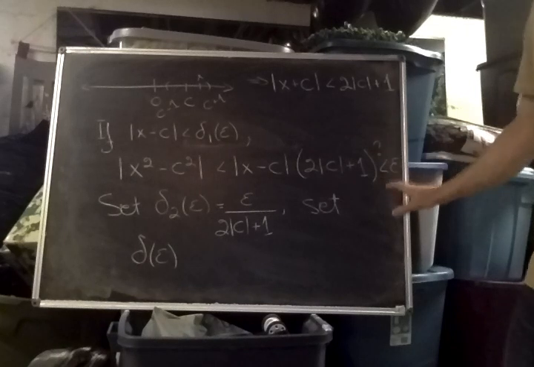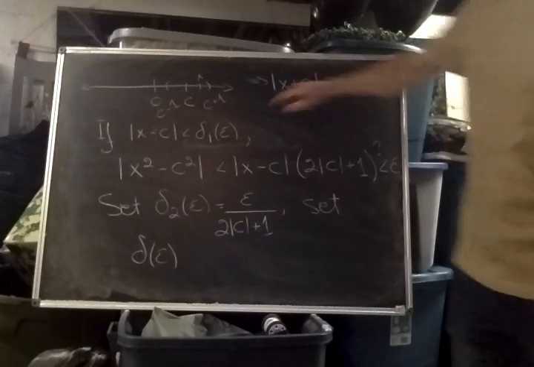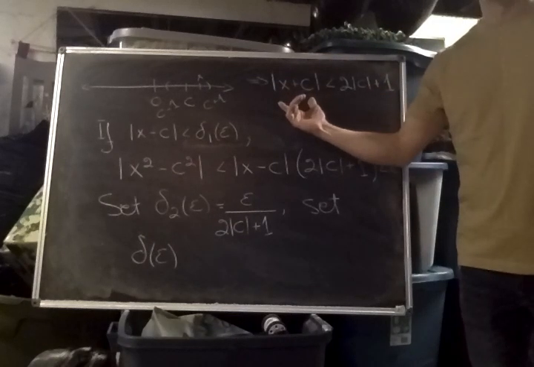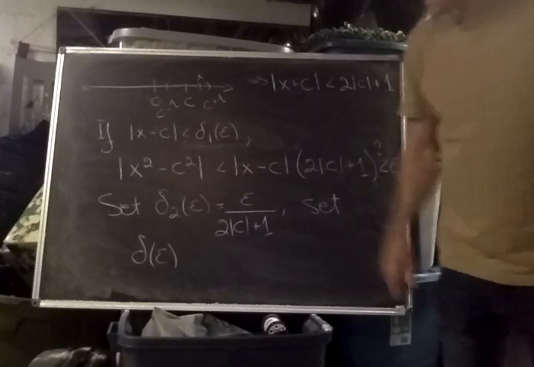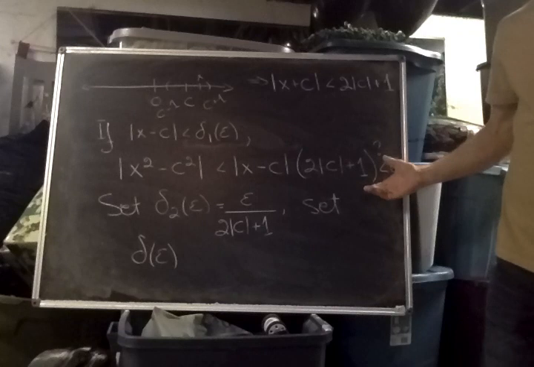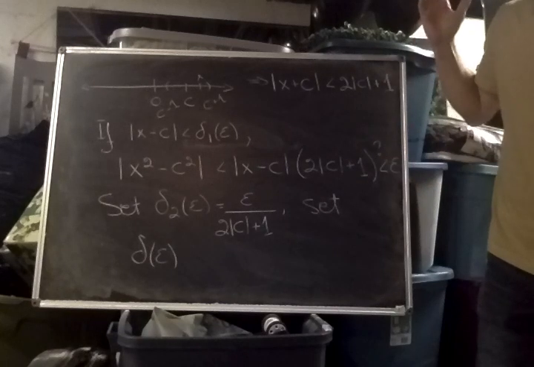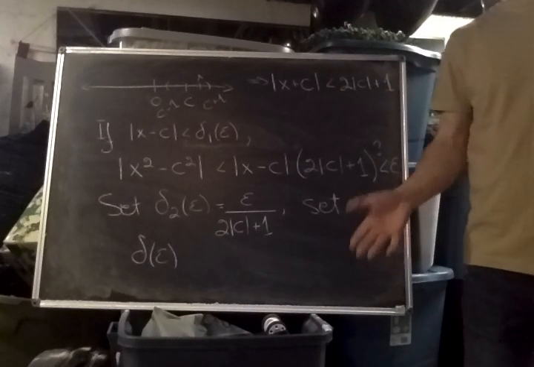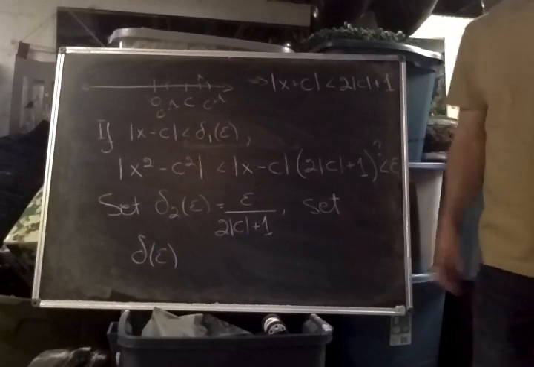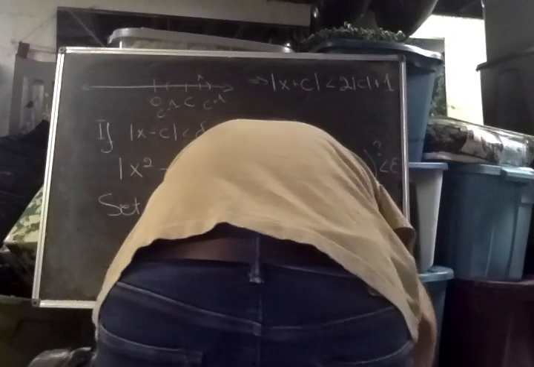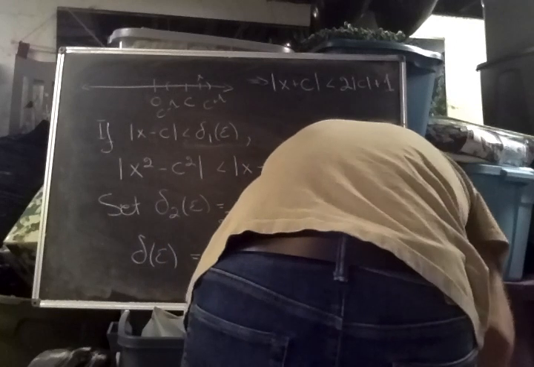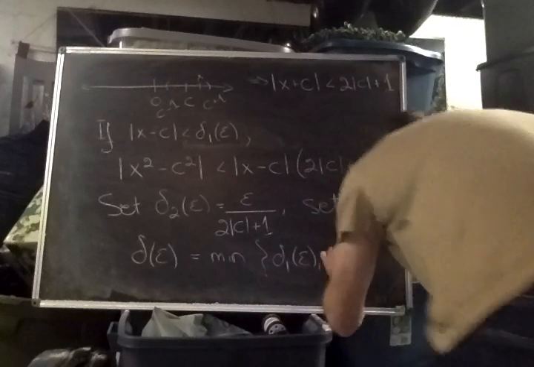This is in the same spirit, but now we have 2 different deltas. We've got delta 1 of epsilon that allows us to get control over this term here, and delta 2 of epsilon, which is going to finish the job. We want the consequences of delta 1 of epsilon and delta 2 of epsilon to both hold at the same time. Therefore we choose our delta of epsilon to be equal to the minimum of delta 1 of epsilon and delta 2 of epsilon.